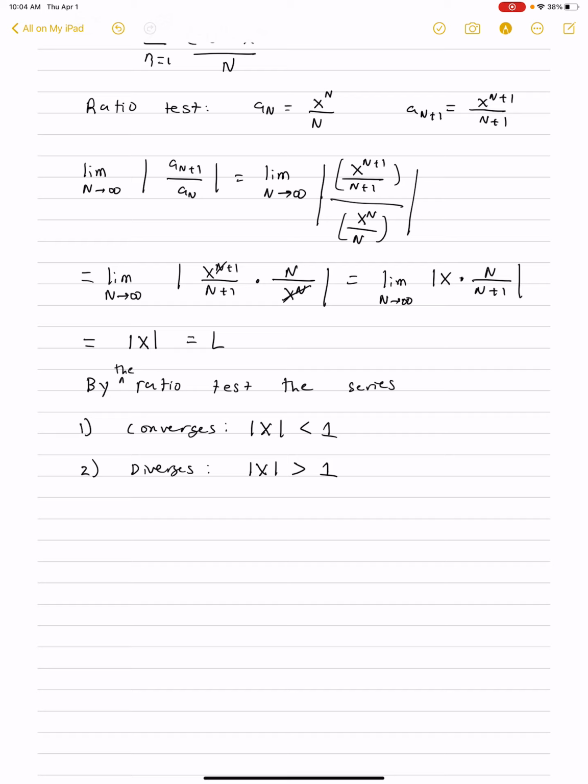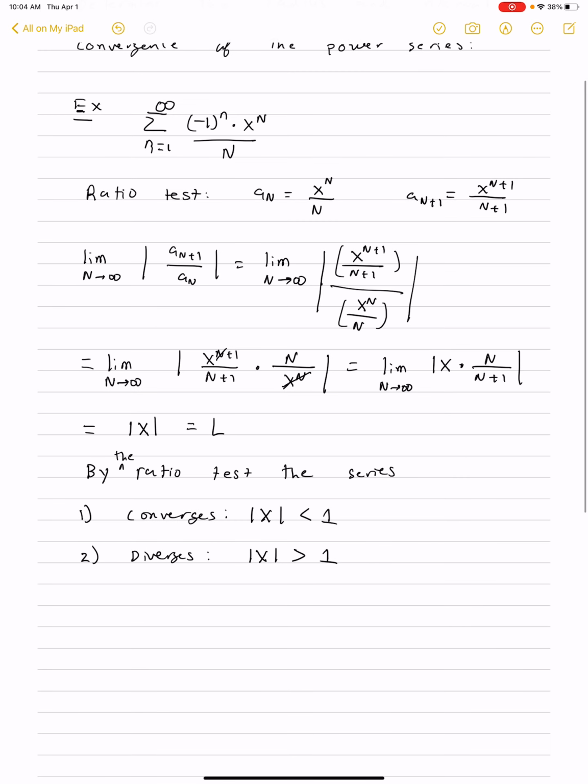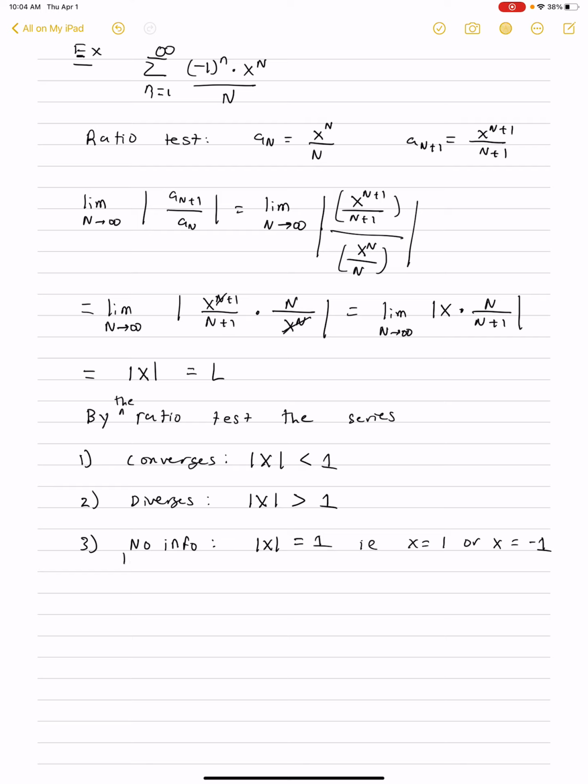This looks a lot like the statement that we had last time in the opening introduction video. And 3, no info if absolute value of x equals 1, i.e. x equals 1 or x equals minus 1. And in this no info case, try another test.